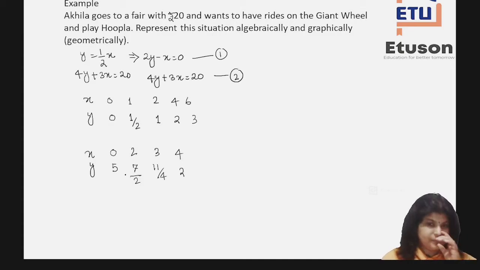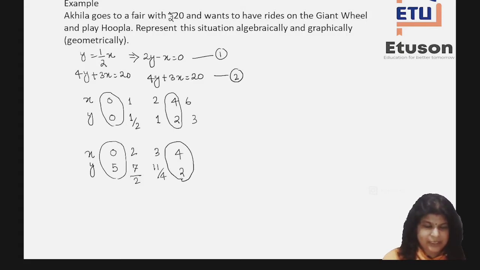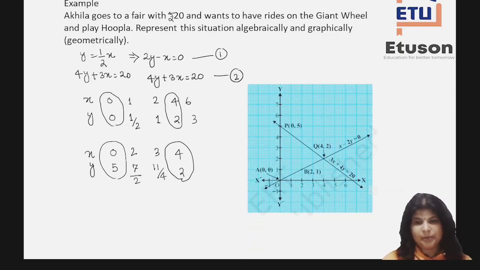So what we will do, we will take this point and this point, and we will plot the graph, and your graph will look like this.